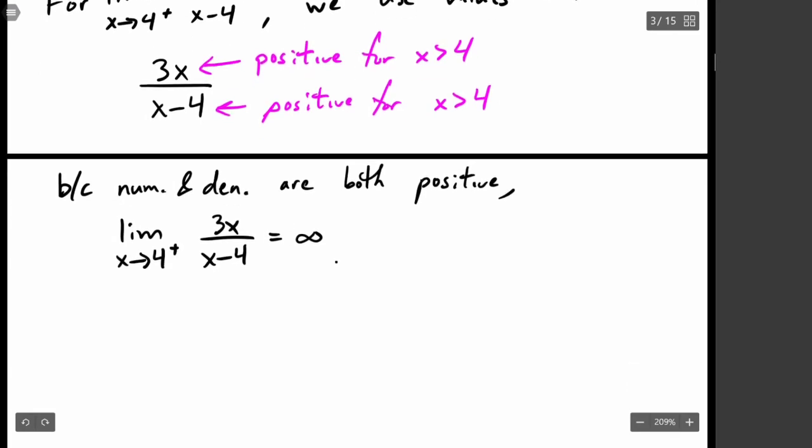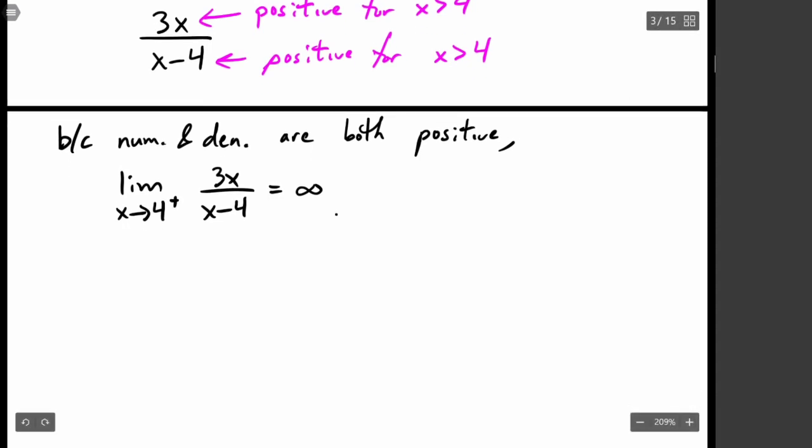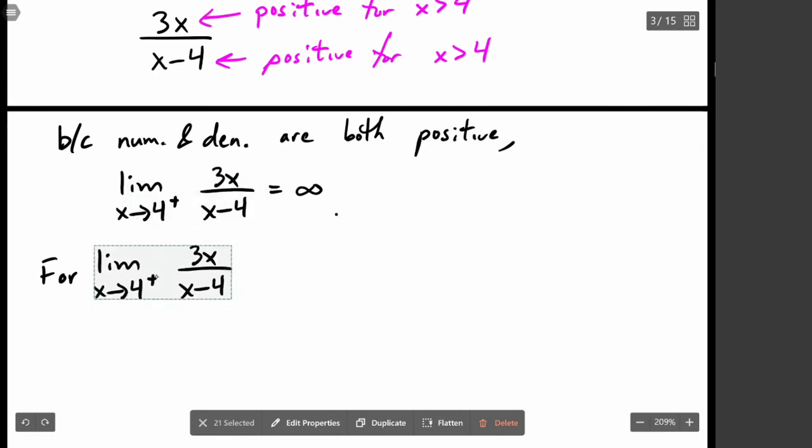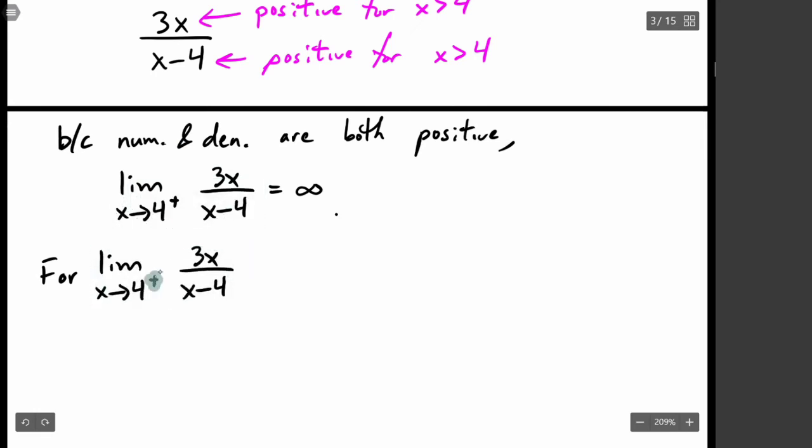But let's look at the other one just to see a little bit of a difference. For the limit from the left, I'm going to copy this and change that to a minus. We're going to do the same thing, this time using x less than 4.